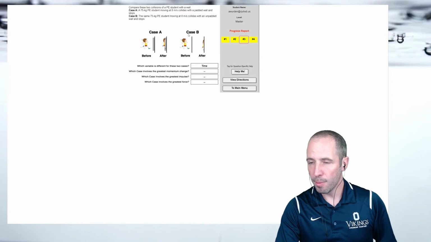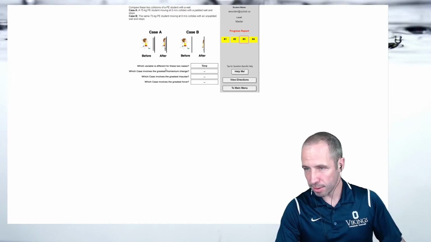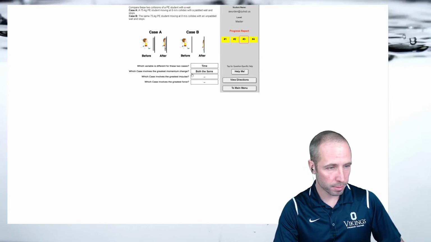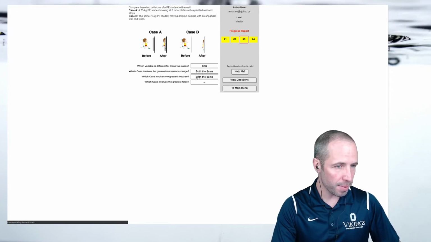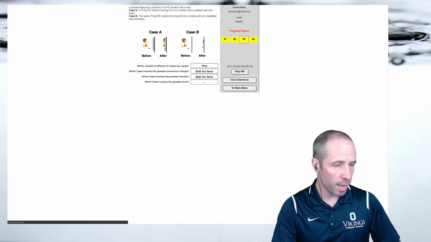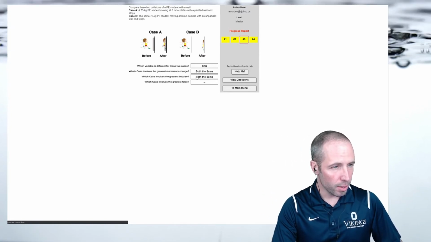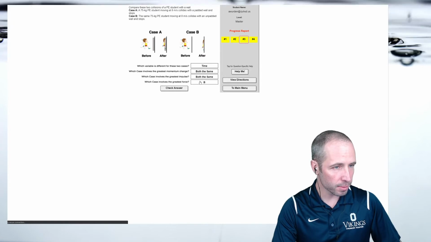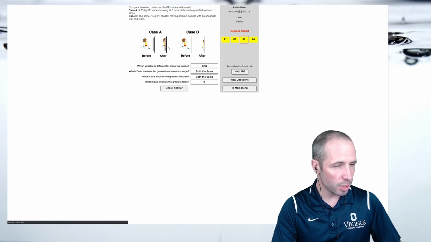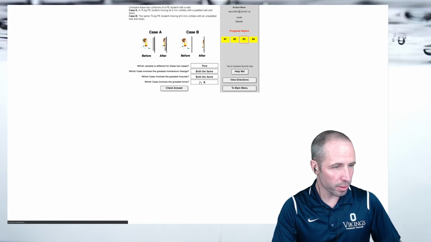So no, the multiple of mass times change in velocity is the same for both. And that means that they had to change their momentum by the same amount in both cases. However, in order to change momentum with a small time, you need a big force. In order to change momentum with a big time, you need a small force.